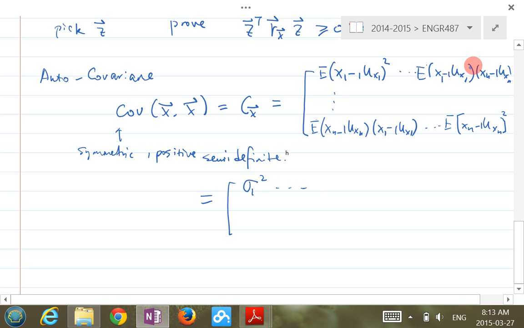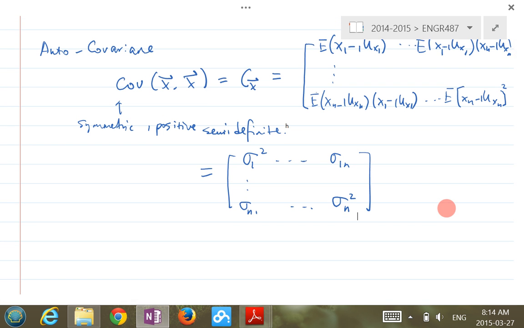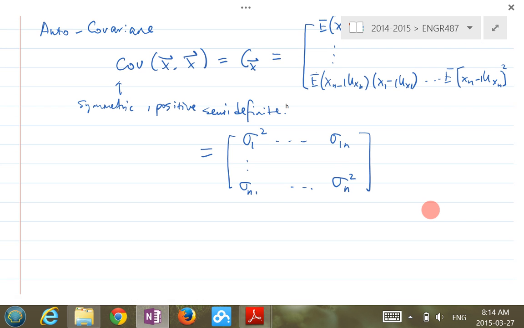And this one, between x1 and xn, is the covariance, so we can write it as sigma 1n. Then sigma n1 and sigma n squared. So this is the covariance matrix. I'll use this later for our random vectors; we'll make use of this result.